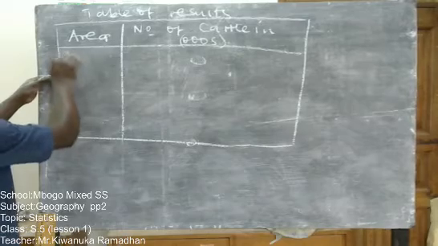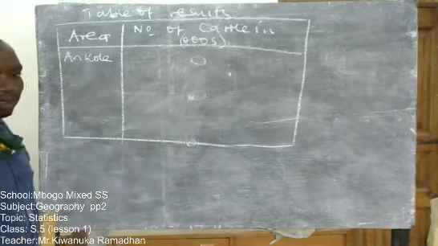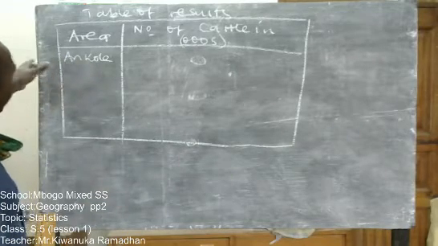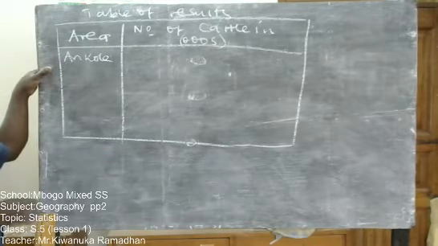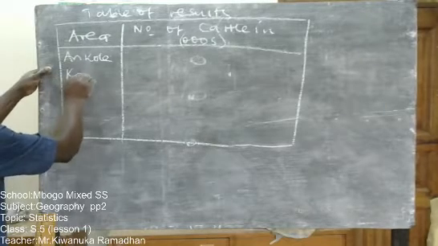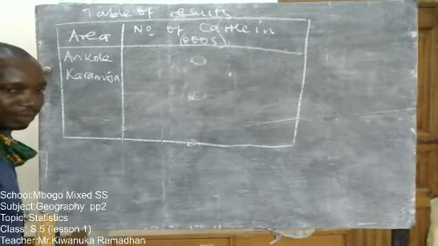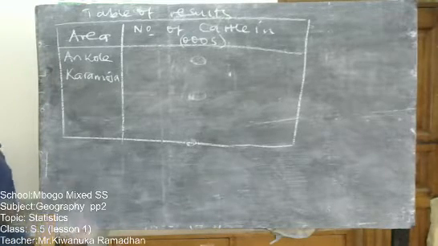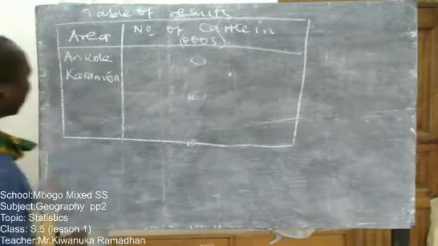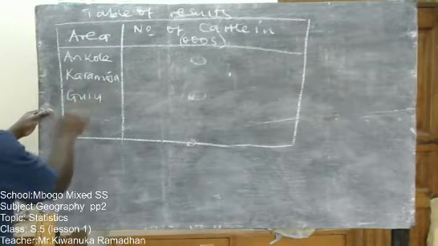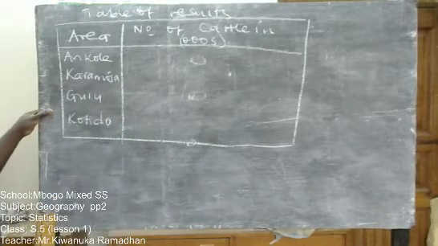What comes first is Ankole. We are now arranging in order from big to small. After Ankole, which is the biggest, what came second in terms of size was Karamoja. What came third was Gulu. Then finally, Kotido came last.